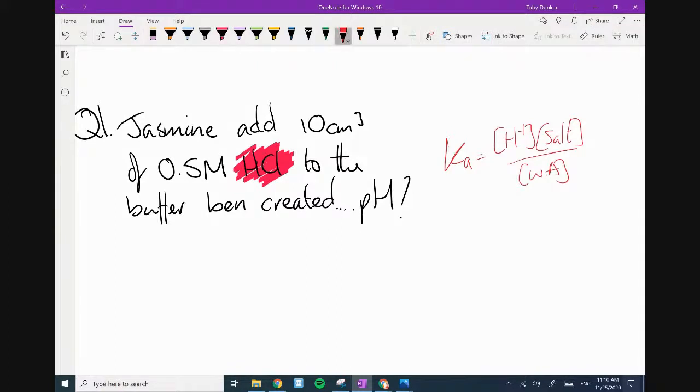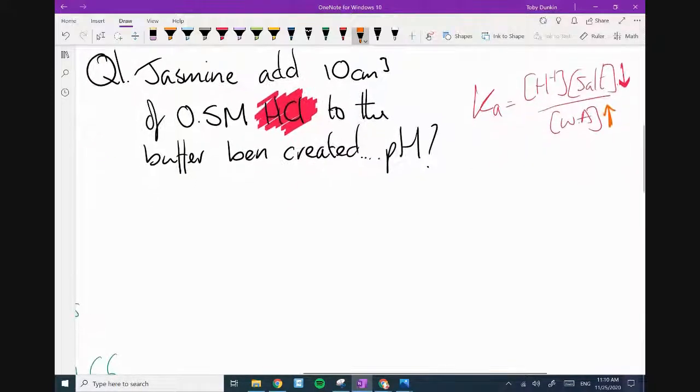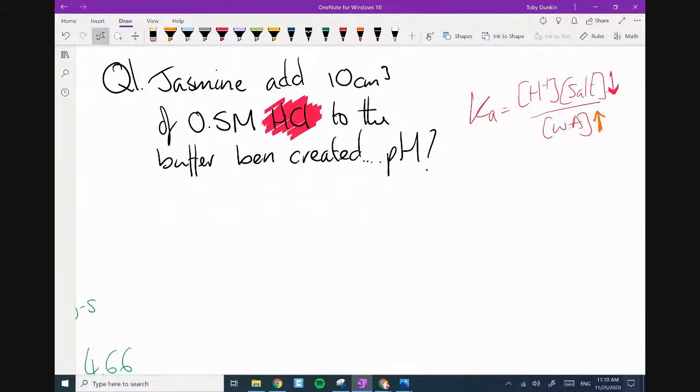The acid is going to pull down the salt, because it's going to react with it, because that's the conjugate base. And therefore, it is going to increase the weak acid.